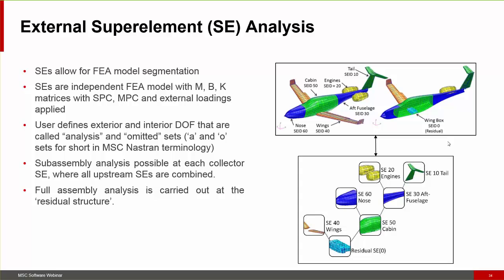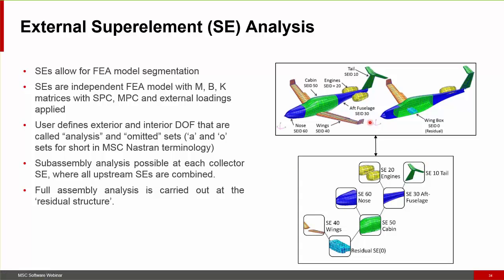The superelement itself is defined by analysis modes and by an analysis and an omitted set, with the subassembly. Well, the analyses are possible at each one of the collector nodes.